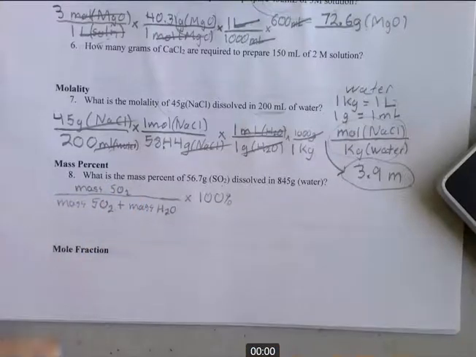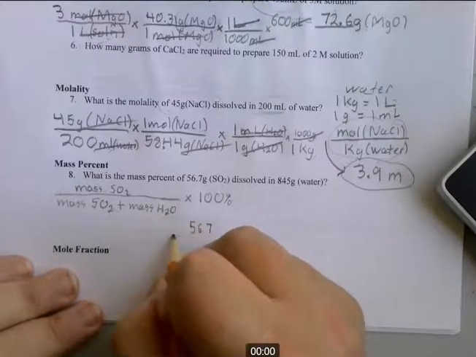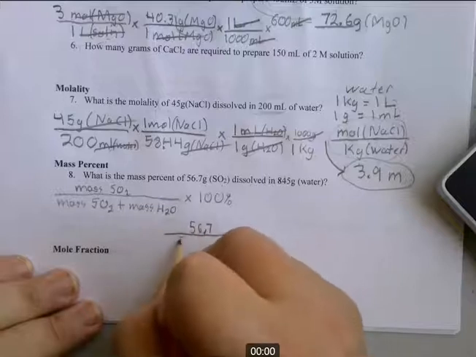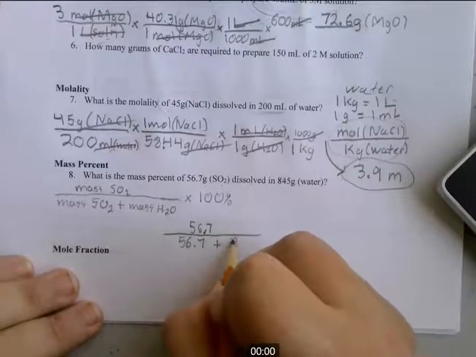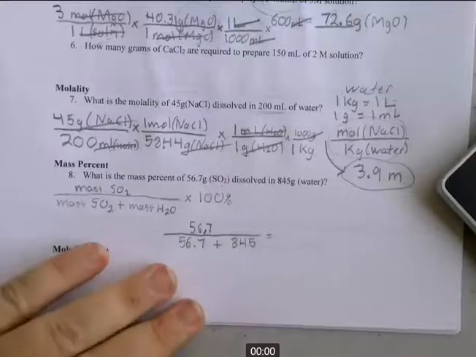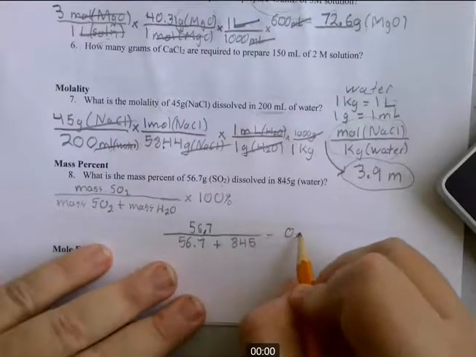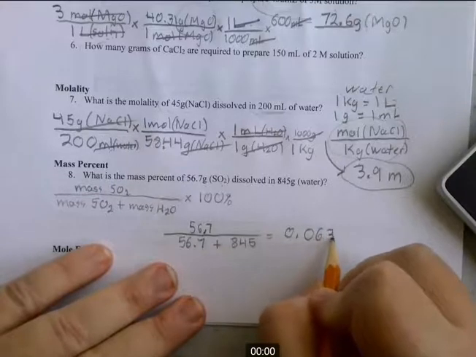Okay, so what we're going to simply do is say 56.7 over 56.7 plus 845. And what you get is 0.063.